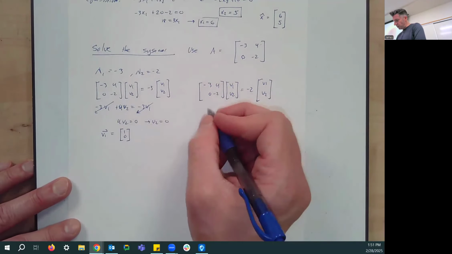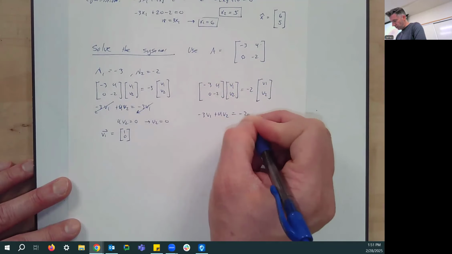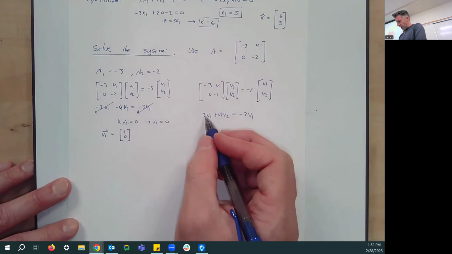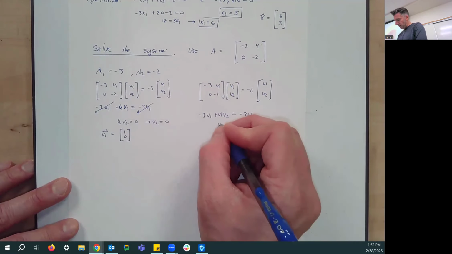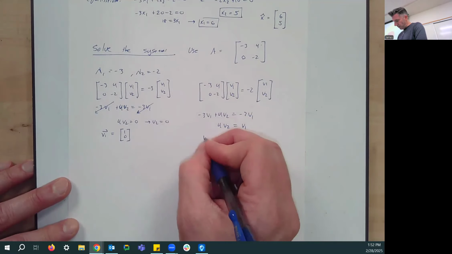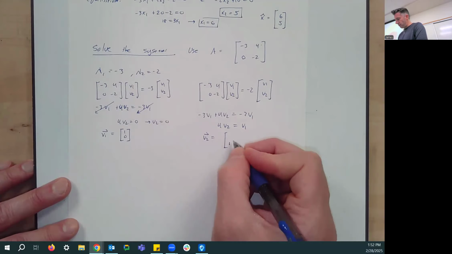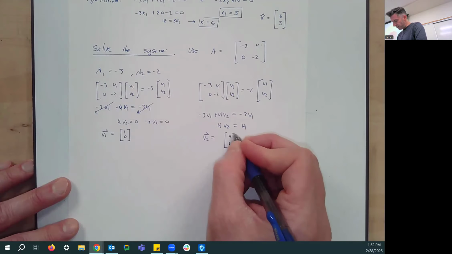Looking at the first equation, we have -3 V1 plus 4 V2 equal to -2 V1. If we add 3 V1 to both sides, we get 4 V2 equal to V1. So our eigenvector for the second eigenvalue is V2 equal to 1, V1 equal to 4.